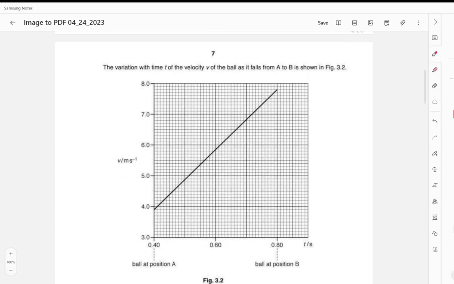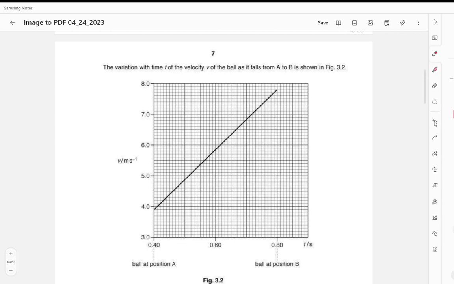The variation with time t of the velocity v of the ball as it falls from A to B is shown in figure 3.2. Ball at position A and the ball at position B. We can clearly see that the velocity has actually increased between the 2 points. We had less velocity, more velocity. तो velocity में change आया तो इसका मतलब है that means there must be some acceleration.